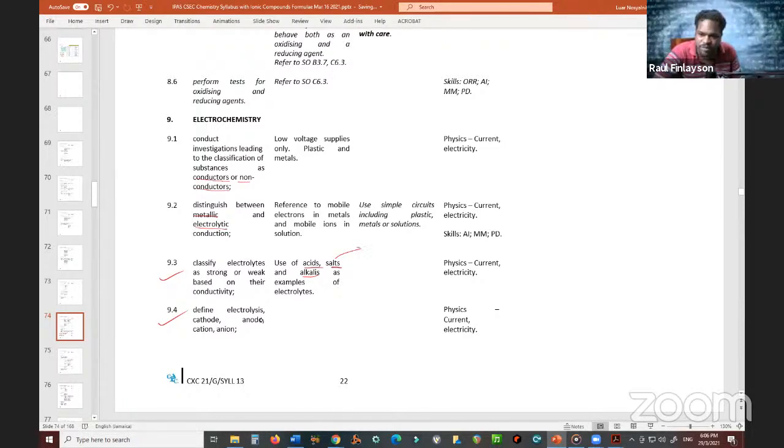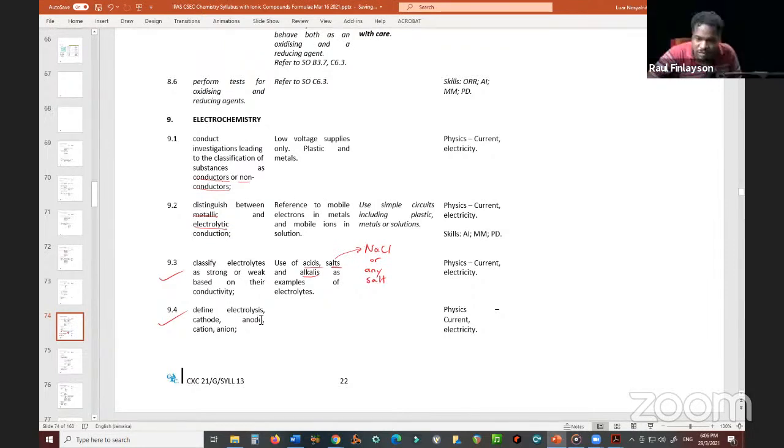Salts would be, for example, sodium chloride, which we looked at last time. One example here, but it's actually any salt. It could be anything with a chloride or a sulfate or nitrate, anything like that can conduct electricity. All right, but acids now would be another topic by itself.